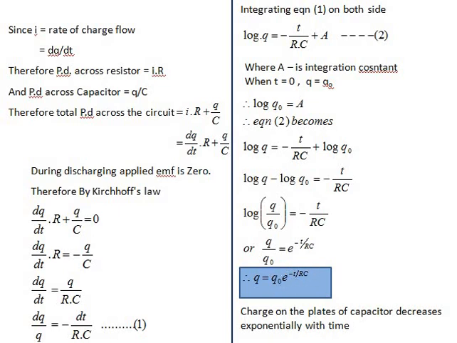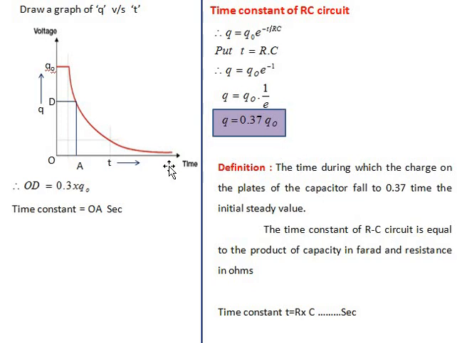Now, when we draw a graph of voltage during discharging along the y-axis and time along the x-axis, the obtained graph is exponentially decreasing, the voltage across the capacitor.